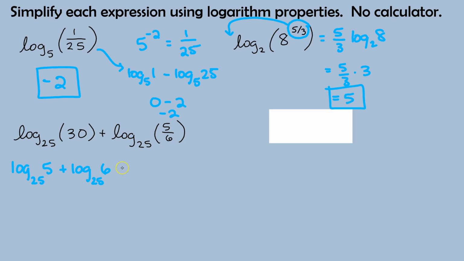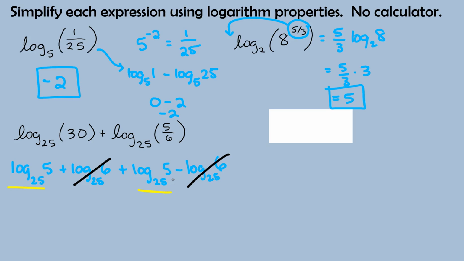This is a quotient, so we could break this one down into log base 25 of 5 minus log base 25 of 6. That's the quotient property of logarithms. I think that helps because we have plus log base 25 of 6 minus log base 25 of 6. So let's cancel those. And what do we have now? We have 2 of these.